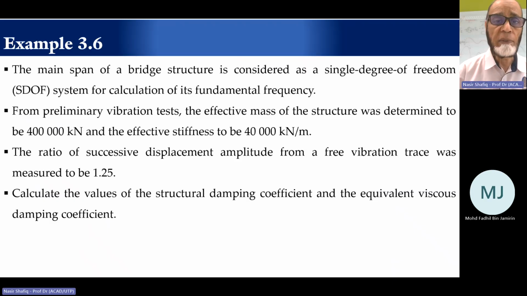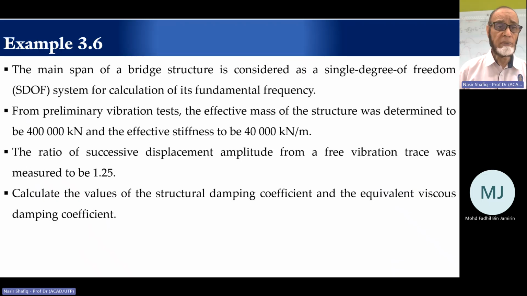The main span of a bridge structure is considered as a single degree of freedom for the calculation of its fundamental frequency. From a preliminary vibration test, the effective mass of the structure was determined; this is weight, so we can calculate mass, W divided by g, since W is equal to mg.